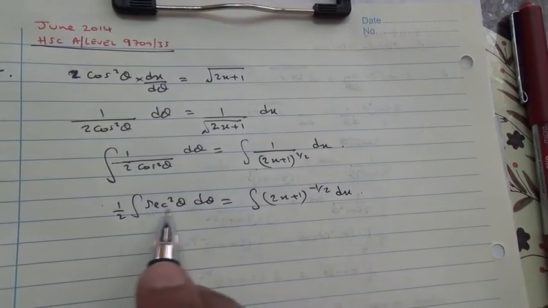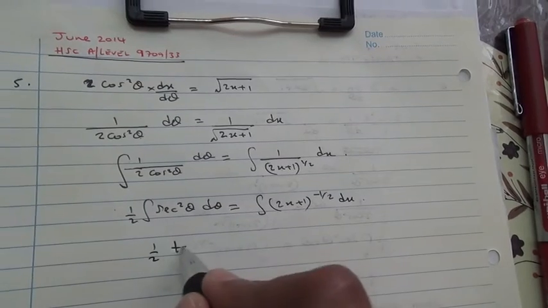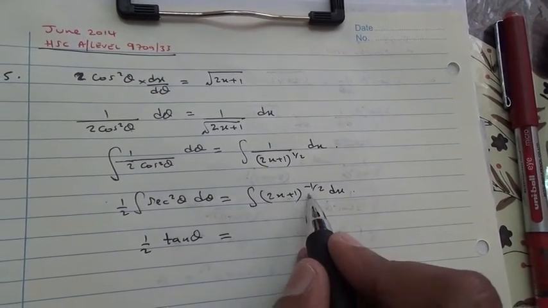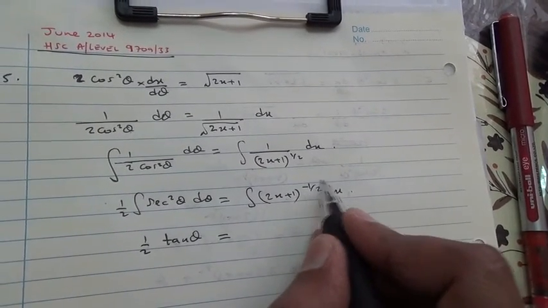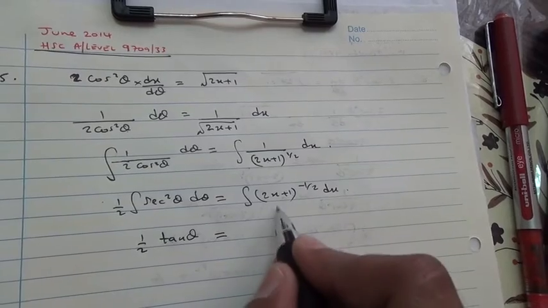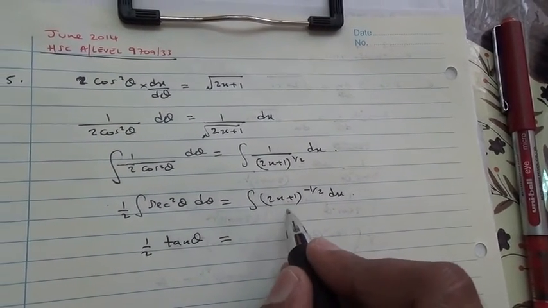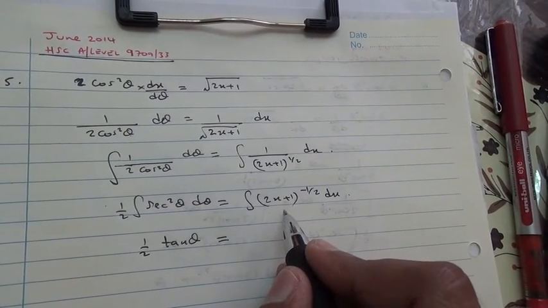In other words, integrating sec squared theta, you're going to end up with tan theta, is equal to, if you integrate this one, you're going to have to add 1 here. Minus half plus 1 is half, and then you divide by half, which becomes 2.